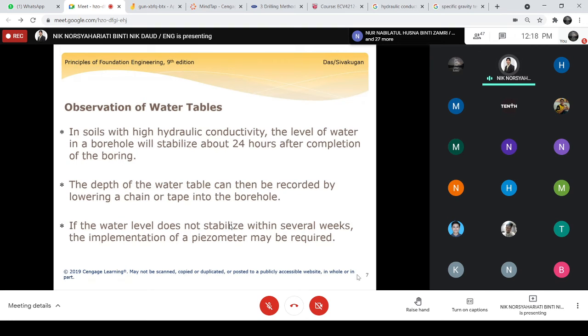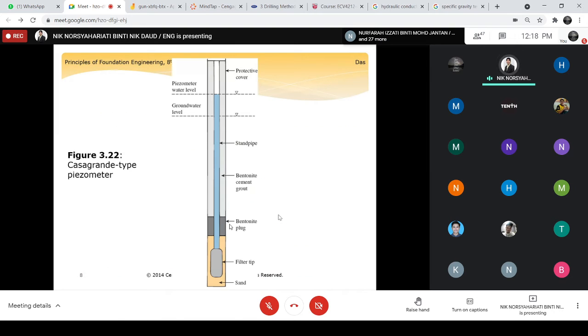Some contractors use a chain or a tape and insert it into the borehole that you just drilled, and then you check for day one how many meters, day two how many meters, and so on. But to be more convenient, you can prepare this kind of piezometer, where you have the boreholes that you drilled earlier.